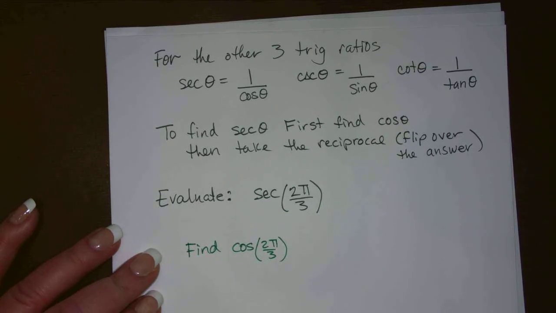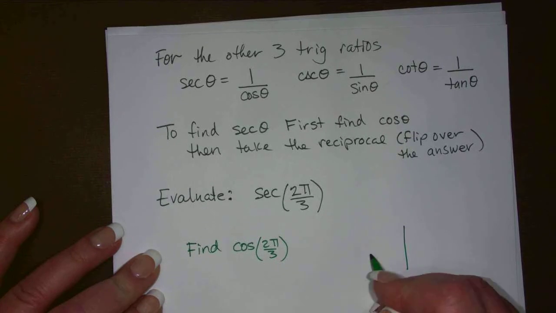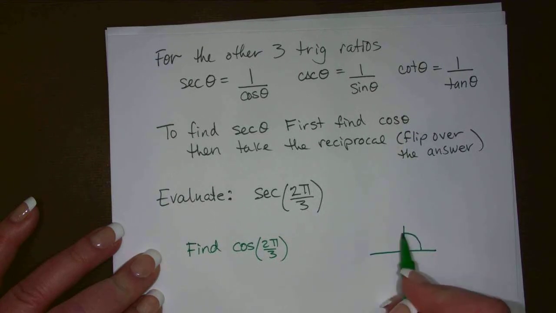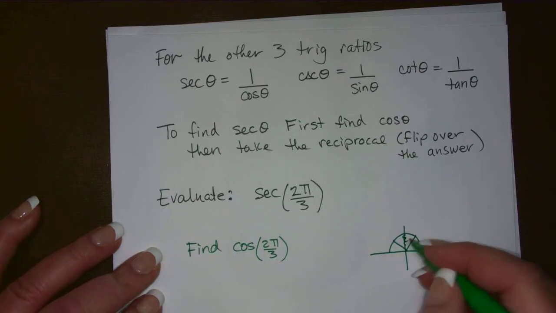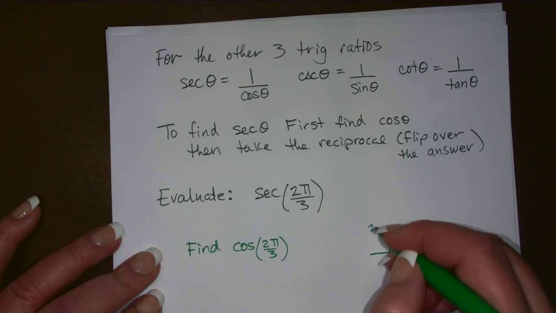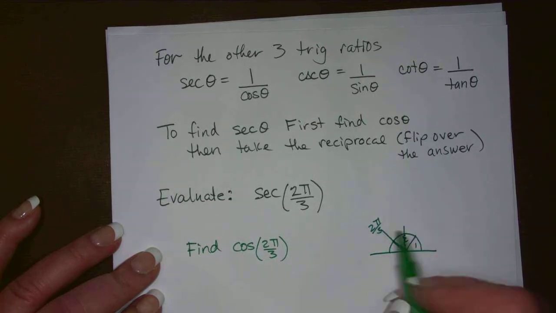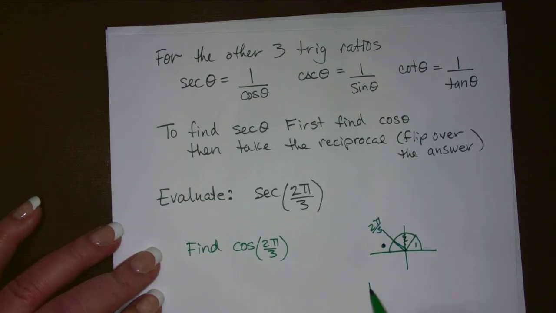Okay, so cos of 2 pi over 3. So we draw the angle. This is thirds, so we cut the pi into thirds. 1, 2, so 2 pi over 3. Our reference angle is what?